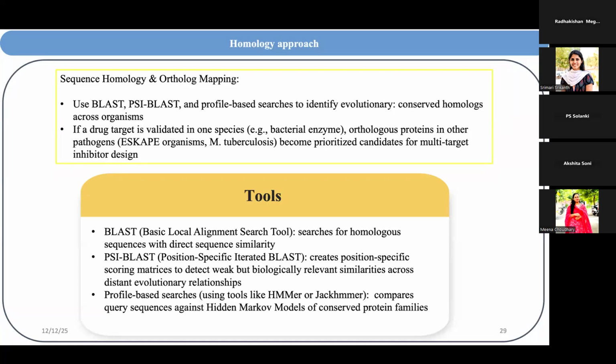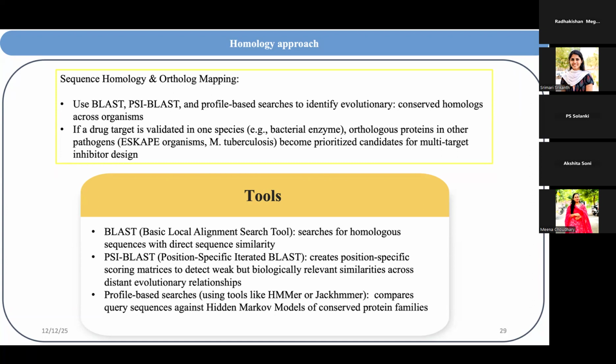The criterion used in homology is that if a drug target works in one pathogen, the orthologous protein of the same protein in other pathogens can also be considered a candidate. On that criterion, we use the homology-based approaches.